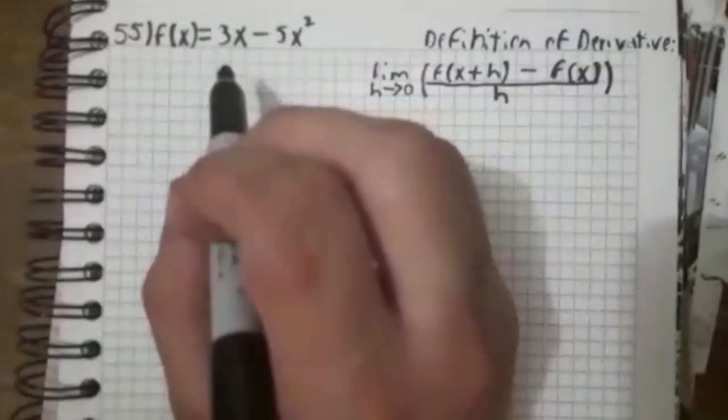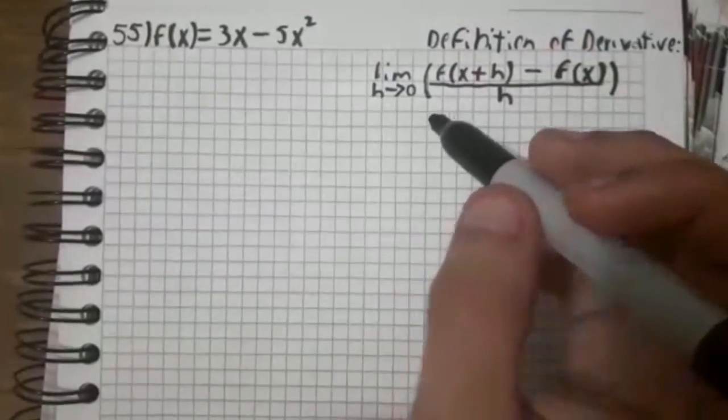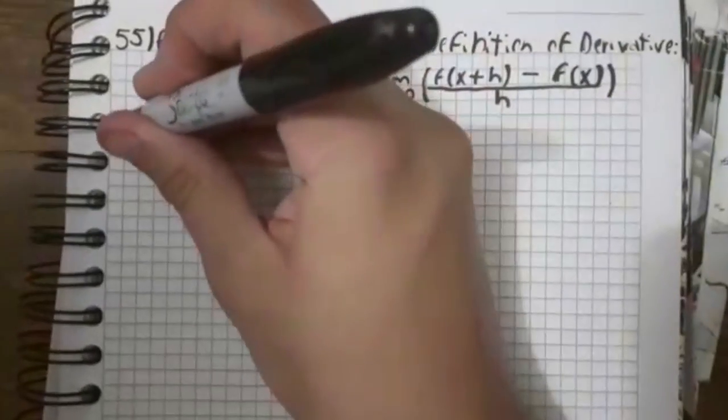h is. So we first have to substitute in the original function x with x plus h.